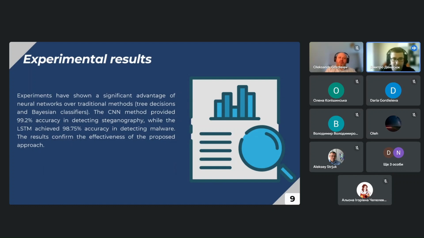For malware detection, LSTM models reach 90.75% accuracy. Such high results demonstrate the effectiveness of the neural network and confirm the feasibility of its use in cybersecurity systems.